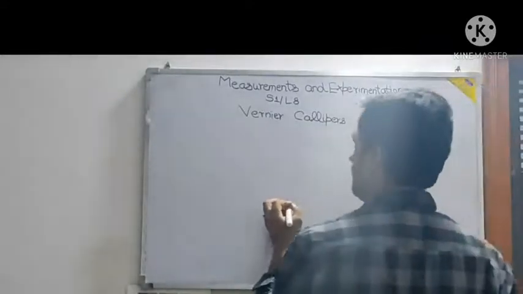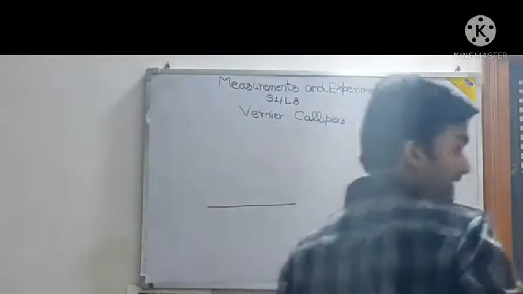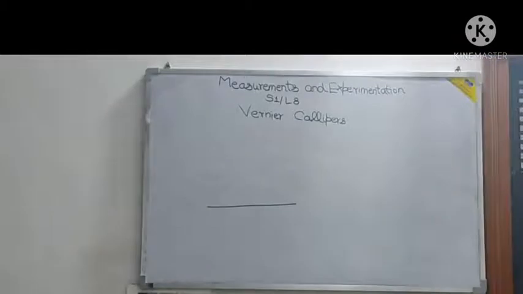Suppose some object you have put here between the jaws, and see, we are taking the value of the main scale with the help of 0 of the main scale, the vernier scale only.